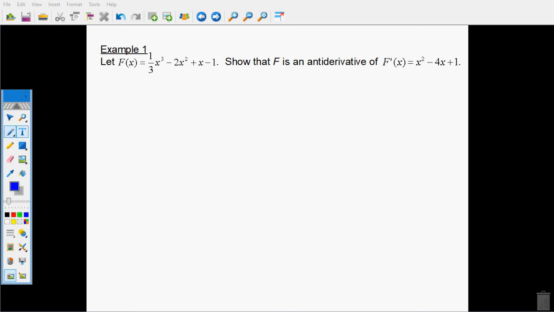The easiest way to go about that, since I'm only asking you to show that this is an antiderivative, is to just take the derivative of this. Three times 1/3 is going to be 1, and I just get x squared. 2 times 2 is 4. So that's the easy part.